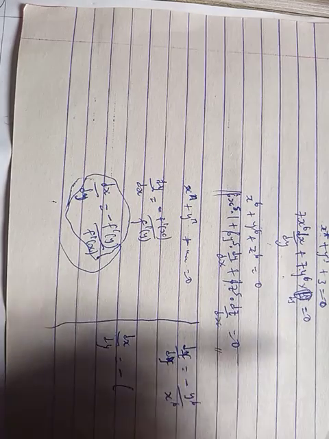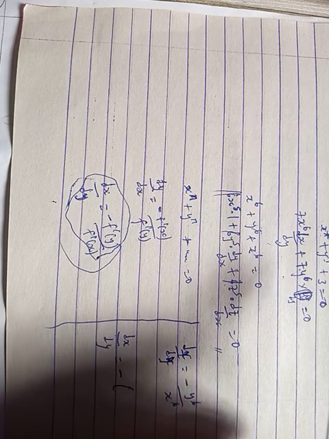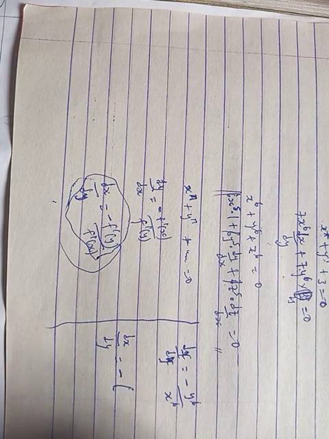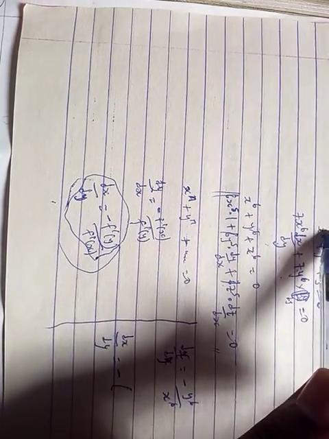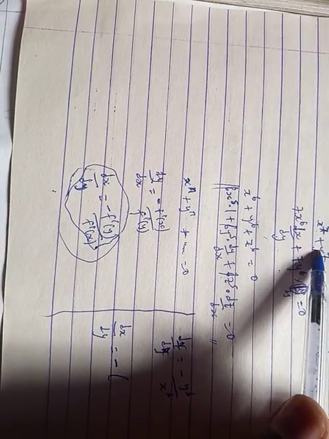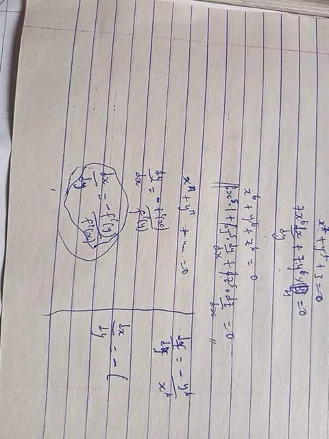Simply, you are differentiating every y you see, every term containing y, and then taking the others as constants. So when you differentiate this, you get 0, taking it as a constant. This you will get 7y power 6, that is with respect to y, and this as 0.